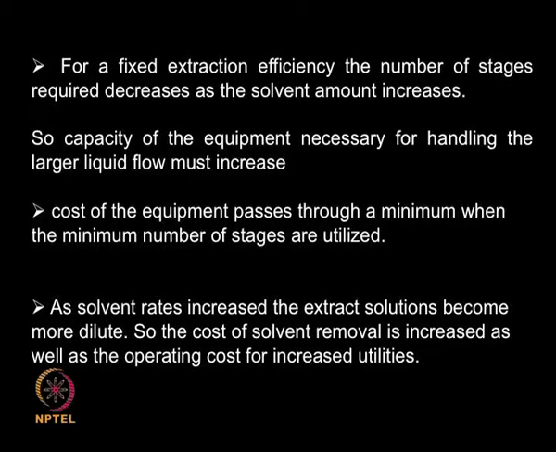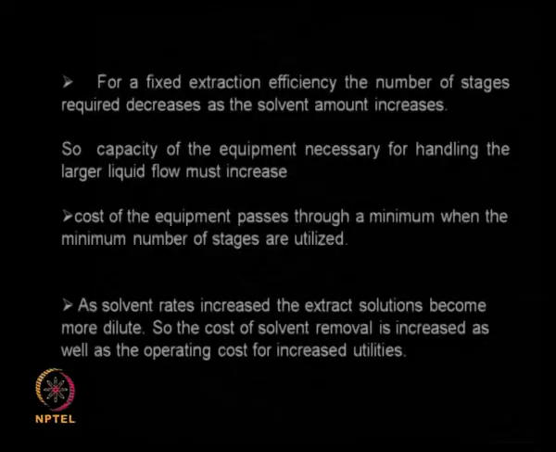Another point you need to keep in mind is, if the amount of solvent used is more, obviously solvent recovery, solvent removal, all those operating and handling costs also increase. So, that adds to the overall utility cost. That is an extra point you need to keep in mind as well. So, I can balance the number of stages, size of each stage and the solvent amount for the same efficiency of extraction, but all of them will have a different cost angle.